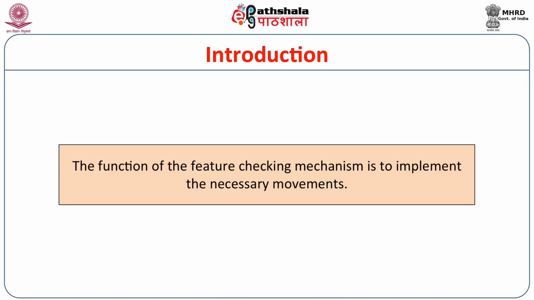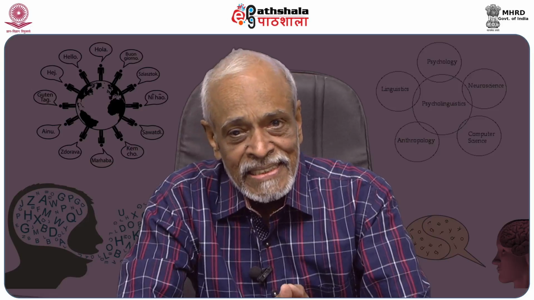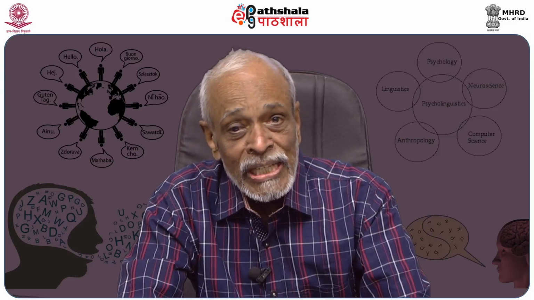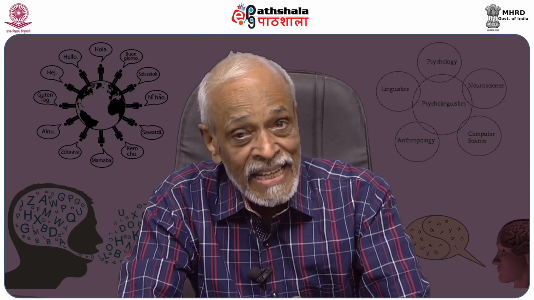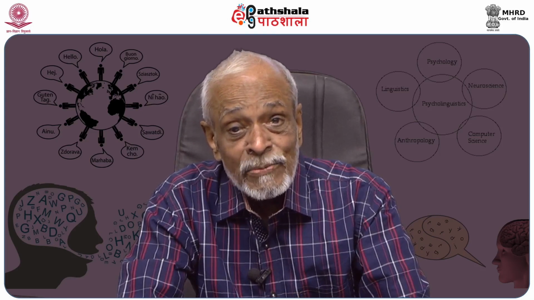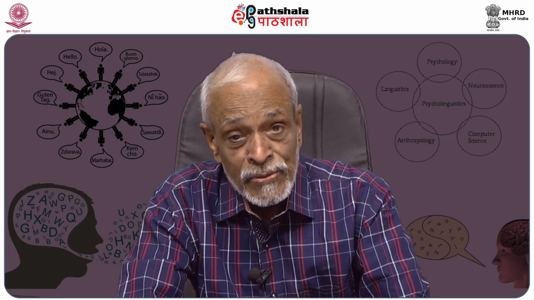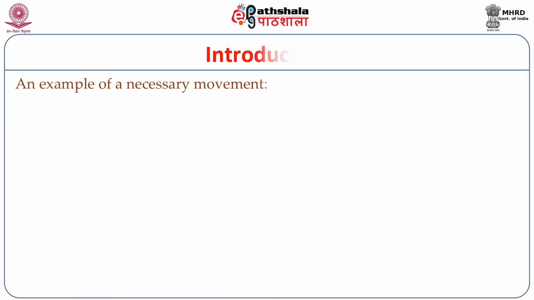There are certain movements which are necessary. Since movements take place only when they are forced to, and movements are not free, there has to be a mechanism which forces things to move, and the feature checking mechanism has just that purpose.